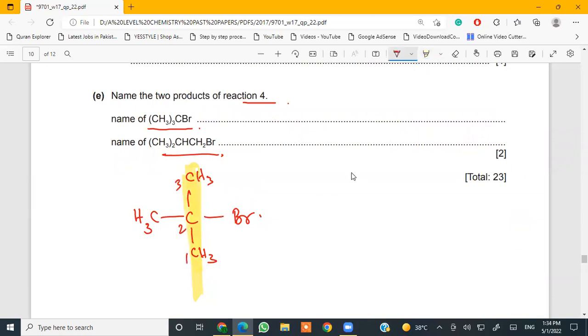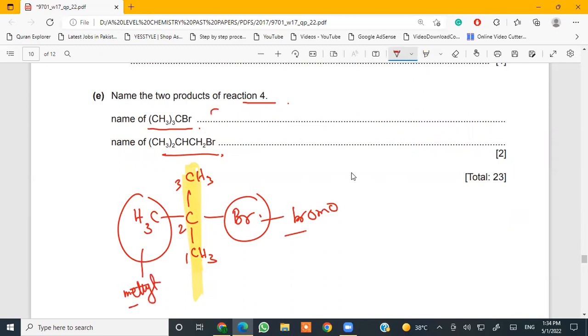On the second carbon, you have 2 branches: a bromo branch and a methyl branch. Now you have to arrange them alphabetically. B comes before M, so the name is going to become 2-bromo-2-methyl. You need to put dashes to separate the letters and numbers, and then the name of the straight chain, which is propane. It's an alkane in the middle.